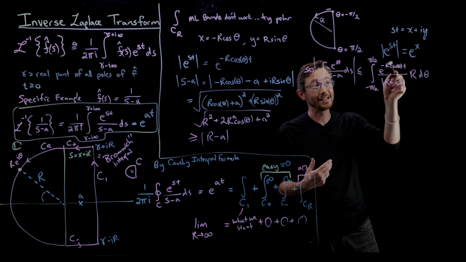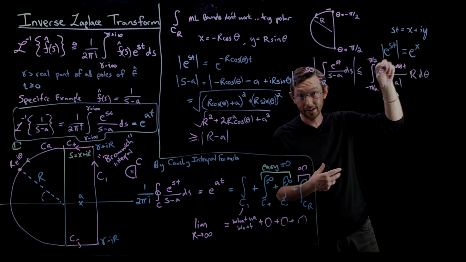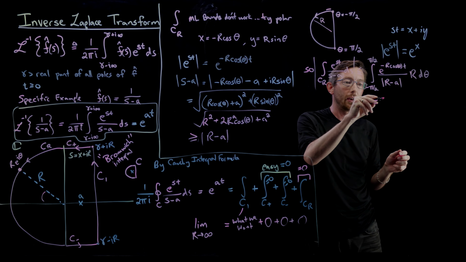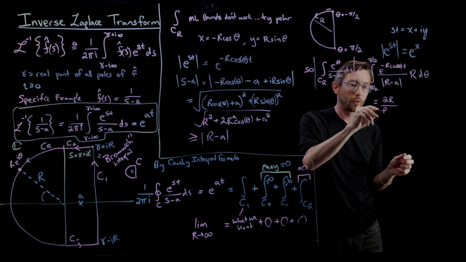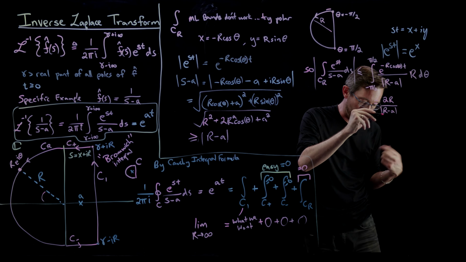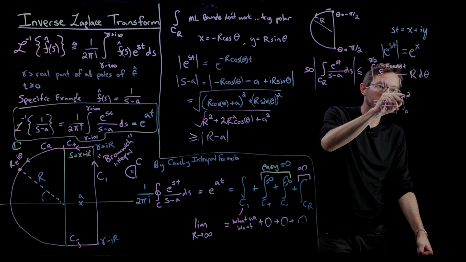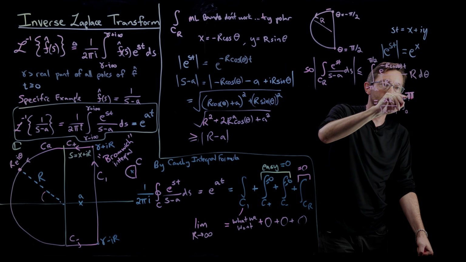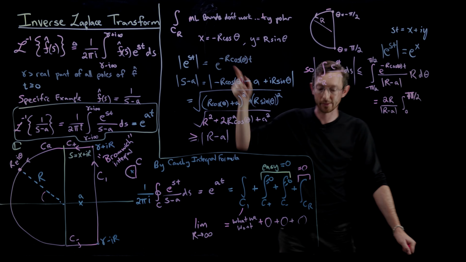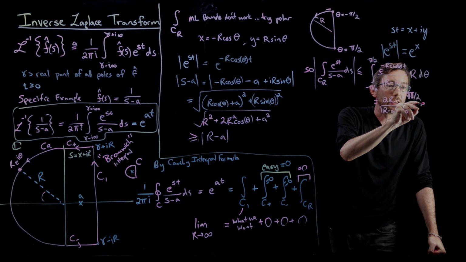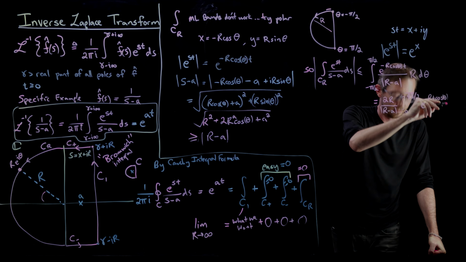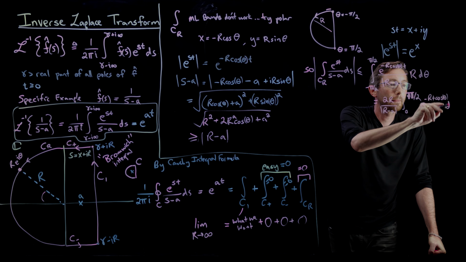This is an even function. This is an even function. And so we can say that this equals 2r over the norm of r minus a, integral from 0 to pi over 2, pardon my French, Laplace was French, of e to the minus rt cos theta d theta.